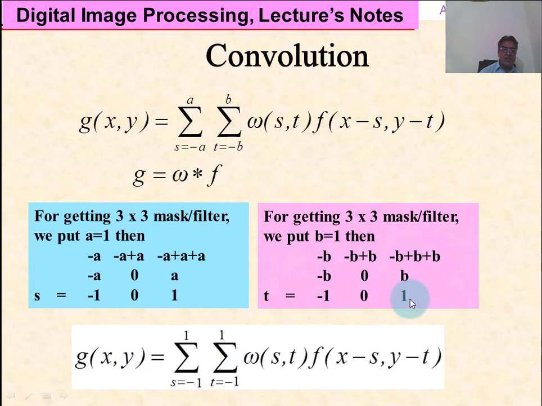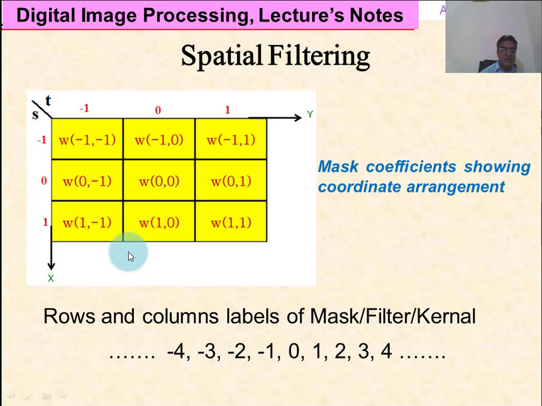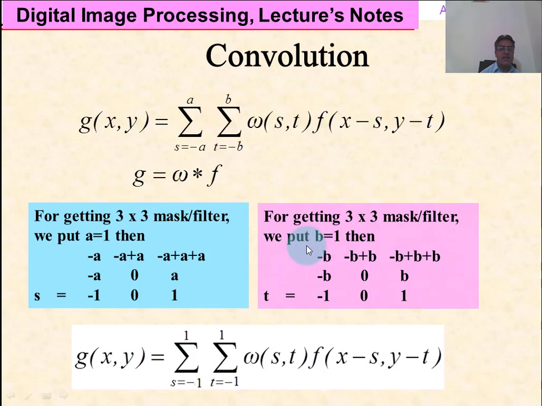These are three values for the 3 cross 3 matrix, and these are the three values for the 3 cross 3 mask which we have discussed here. For a 3 cross 3 mask we will take -1, 0 and 1. So here we have taken -a to a.